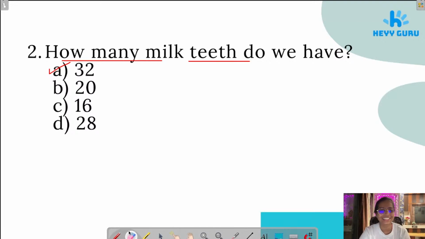Okay, B is the correct answer. Sorry, my bad. I can see somebody replied B. B is the very correct answer. So sorry for that. I mistakenly read the wrong question. How many milk teeth do we have? We have 20 milk teeth. B is the correct answer.